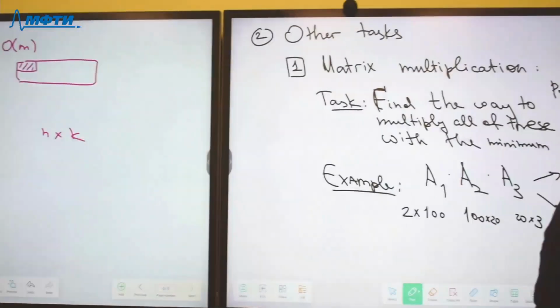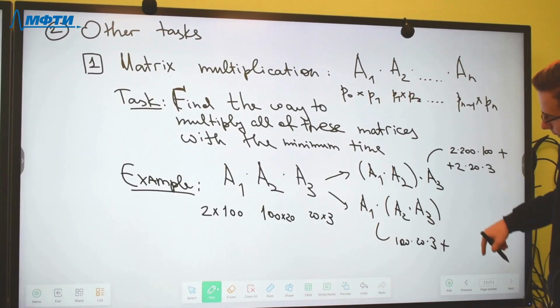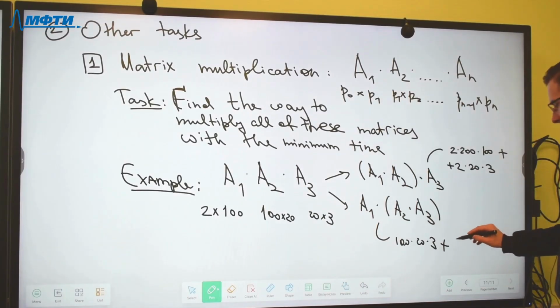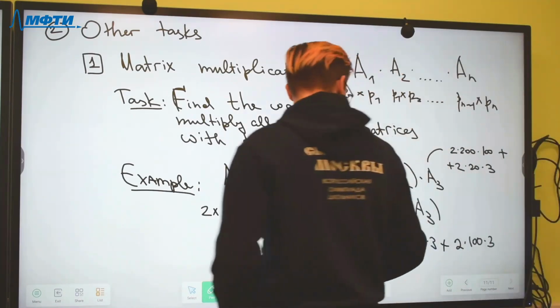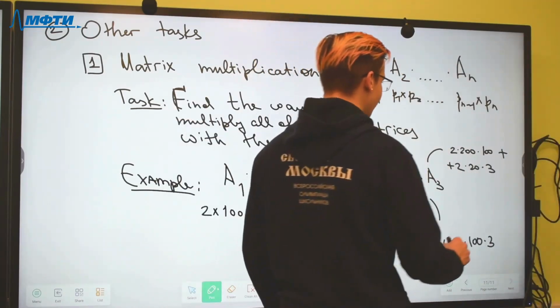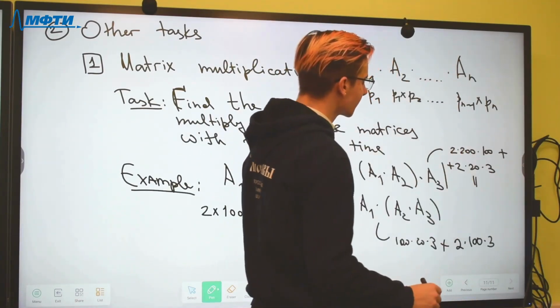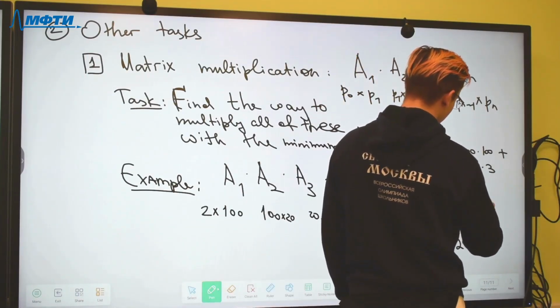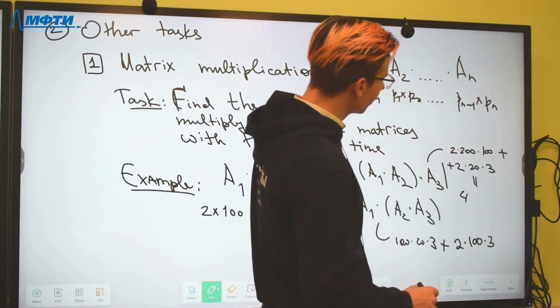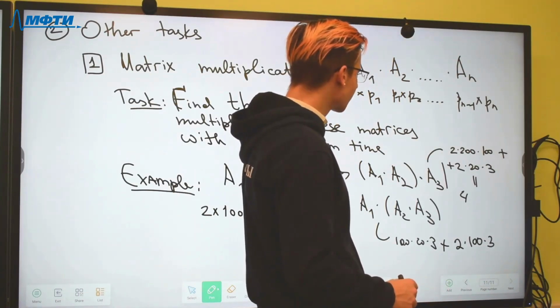And then, when I multiply A1 and the answer for the first multiplication, I spend... so we can compare these numbers, and we see that here we spent 40,000, I think.